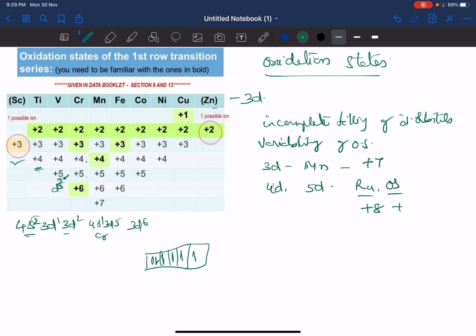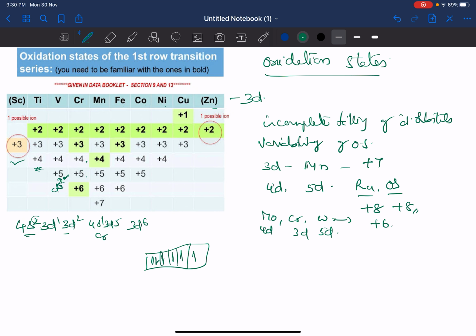Both will show +8 oxidation number. And molybdenum, chromium and tungsten will show the maximum oxidation number of +6. Molybdenum is in the 4d series, chromium is in the 3d series and tungsten is in the 5d series.